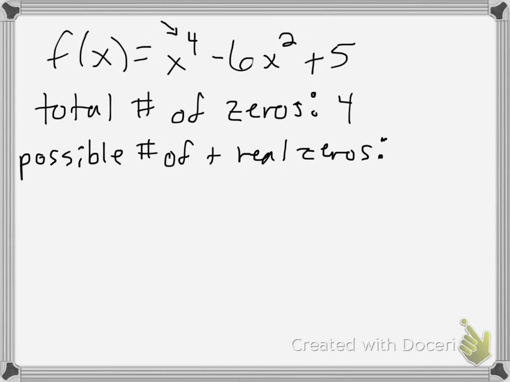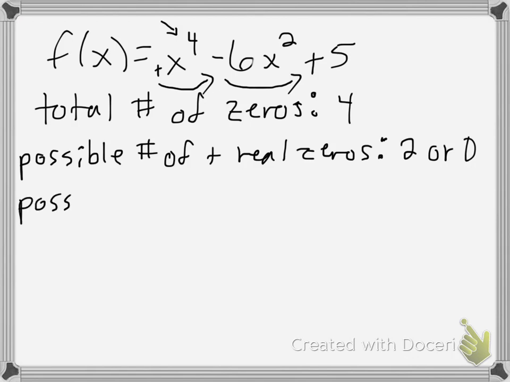My first term in my polynomial is positive, so to get from this one to my next term, I had a sign change. So there's 1. From my second term to my third term, I also had a sign change. So there are 2 total sign changes in my polynomial. That means I have a possibility of having 2 positive real zeros. And if you remember from Descartes' law of signs, it said or less than that by an even number. So less than 2 by an even number would be 0, because 0 is 2 less than 2. So the possible number of positive real zeros is 2 or 0.